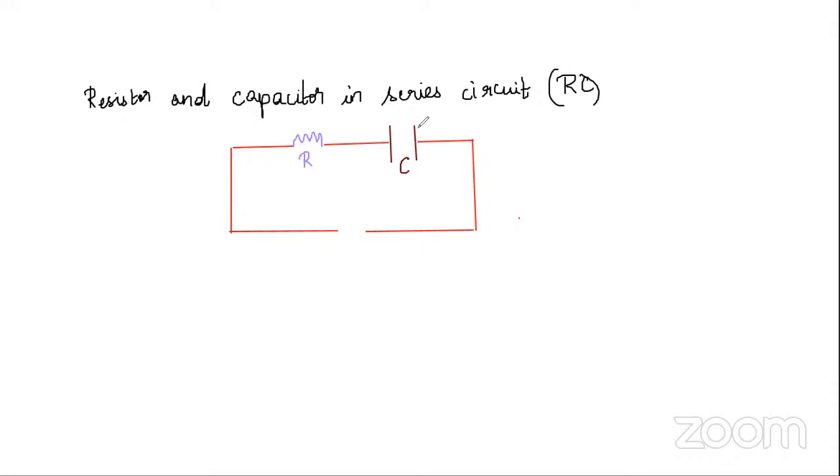And of course, the AC signal is given as input here. So that is shown like this, as usual. This signal is E equal to E naught sine omega t.